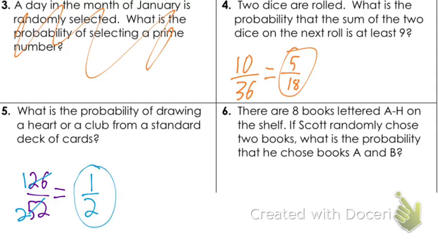So what's the probability of drawing a heart or a club? Half, 50%. So if I draw a card, there's a 50% shot I'll get a heart or a club, and there's a 50% shot I won't. Hey, I got a club. Okay? So the odds are that my next one won't be, right? Oh, I got another club.